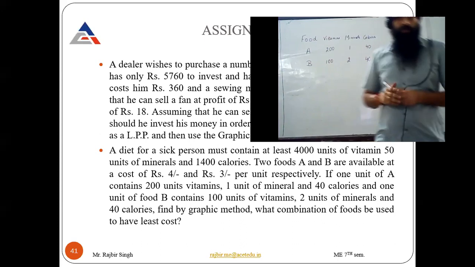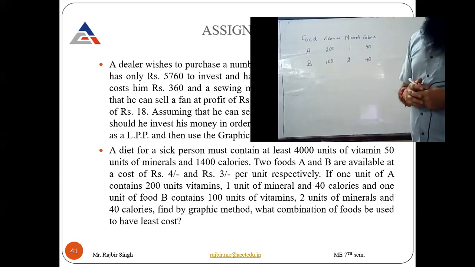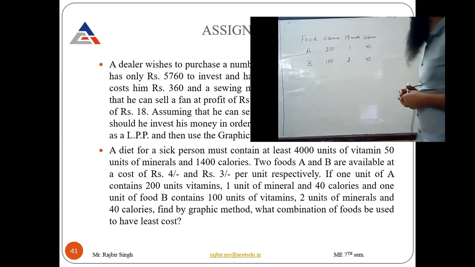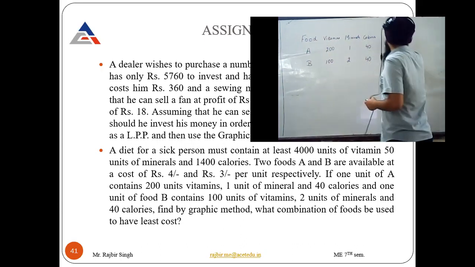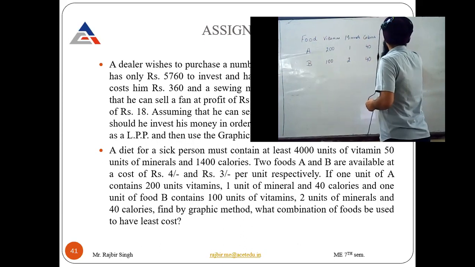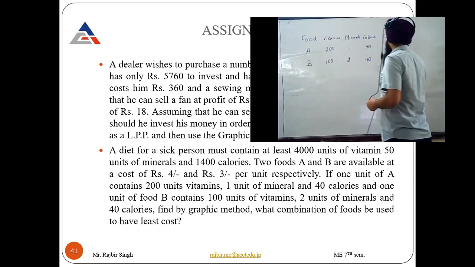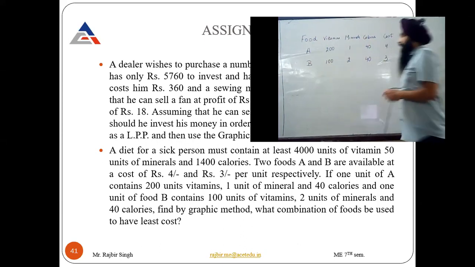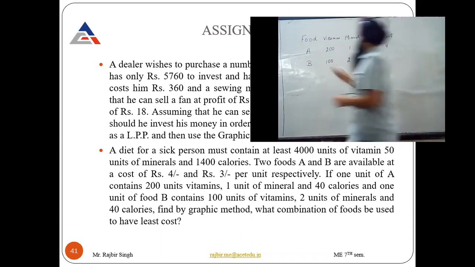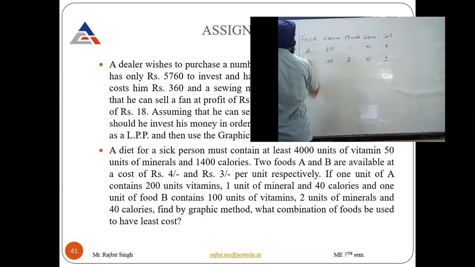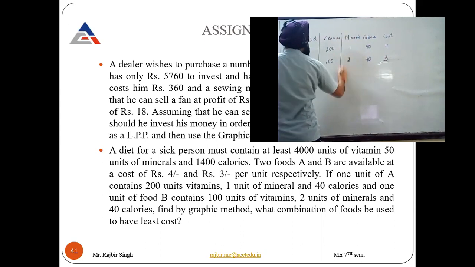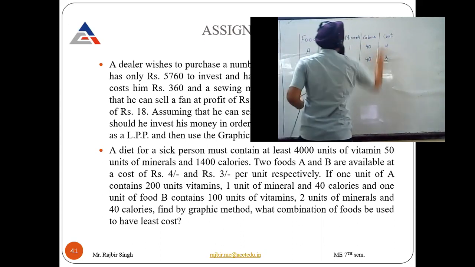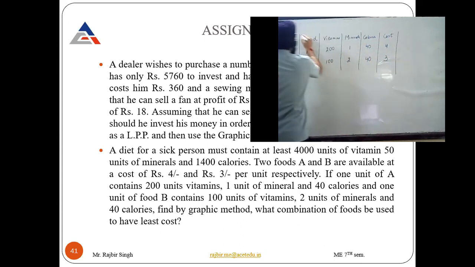They are available at a cost of rupees 4 and rupees 3 respectively. In this way, we have formulated the given problem into an LPP problem.